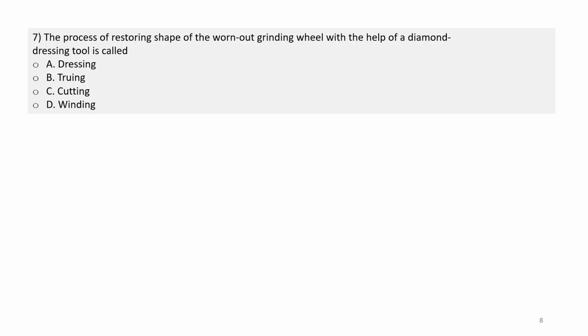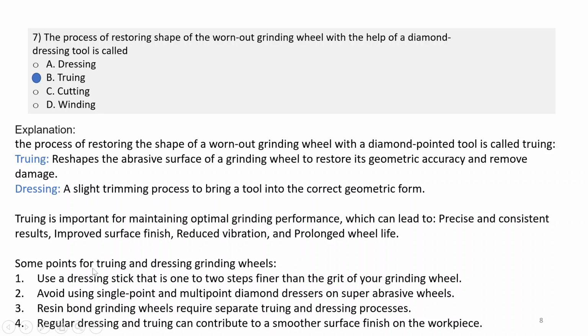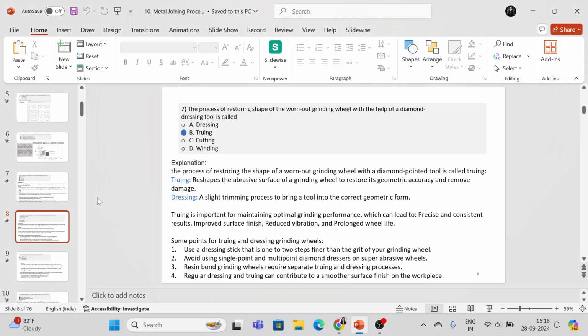Your options are dressing, truing, cutting and winding, and the answer will be truing. So truing can be defined as the process of restoring the shape of a worn out grinding wheel with a diamond pointed tool, and it reshapes the abrasive surface of a grinding wheel to restore its geometric accuracy, and it removes the damage. Dressing, on the other hand, is a slight trimming process to bring a tool into the correct geometric form.